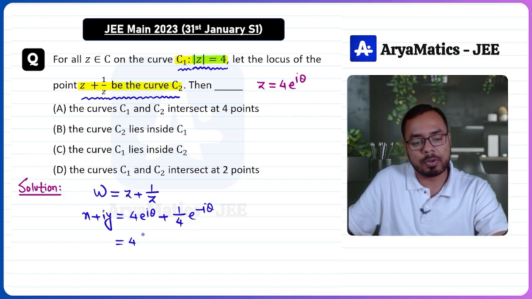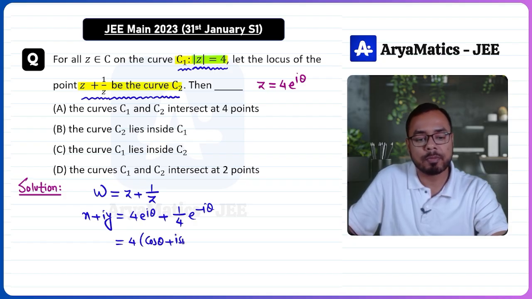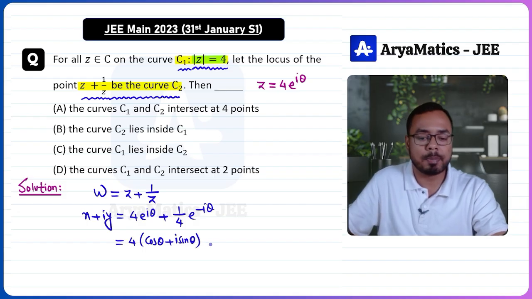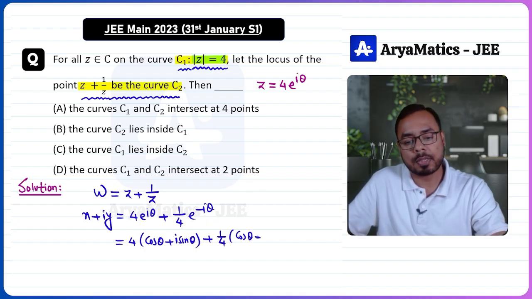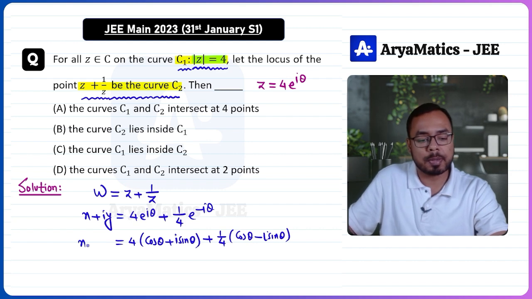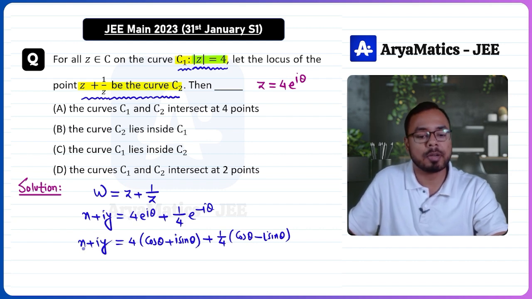Now e raised to iota theta means cos theta plus iota sine theta, so this first term will be 4 into cos theta plus iota sine theta, and the second term will be 1 by 4 into cos theta minus iota sine theta. So this is the complex number x plus iota y.